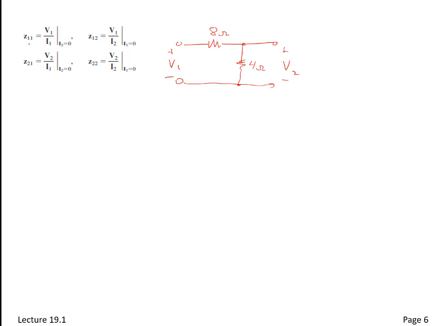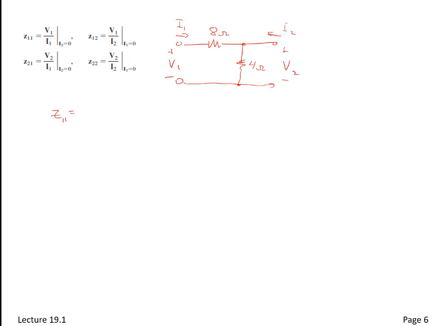Remember, I copied the equations because it's tempting to want to go do something else here, but let's not do that. Let's just use the equations. I2 is 0, so we can do both of these with I2 equals 0. Z11 is V1 divided by I1.